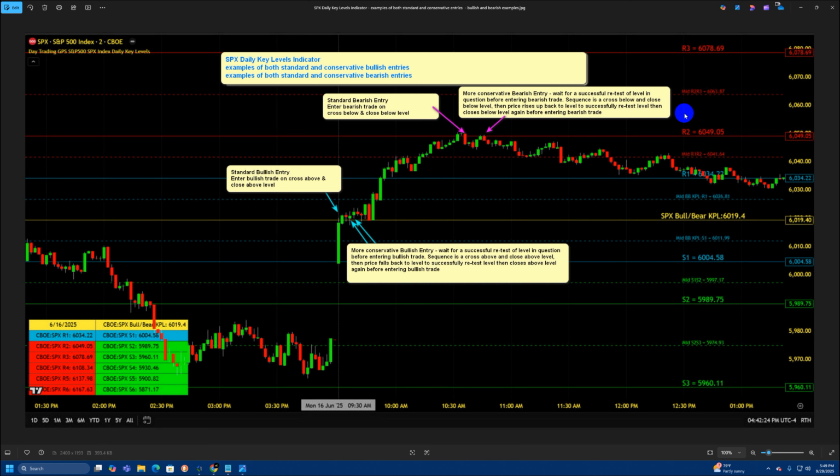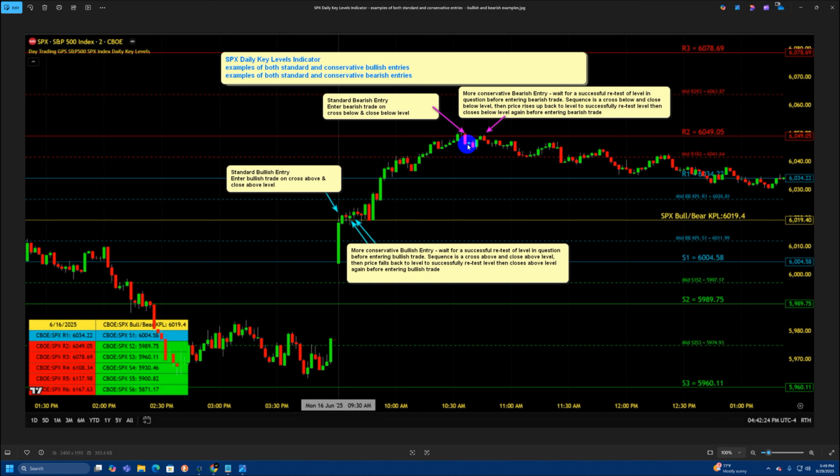Now, looking at the more conservative bearish entry, it's just like the bullish one that we did, except in reverse. We're waiting for a successful retest of this level before entering the bearish trade. So it's basically the reverse of this sequence down here for the bullish entry. We have a cross below, close below candle.